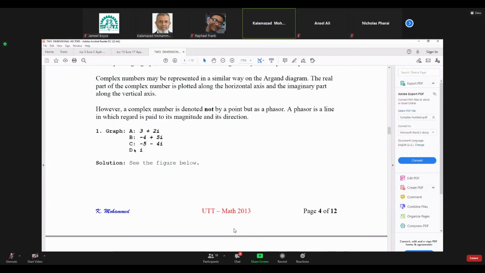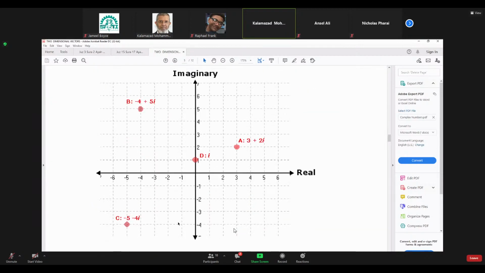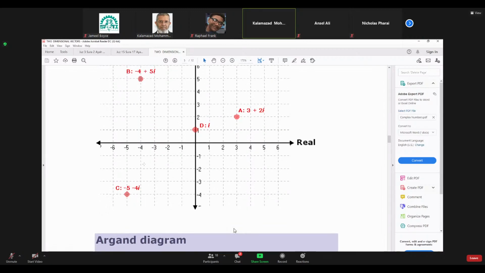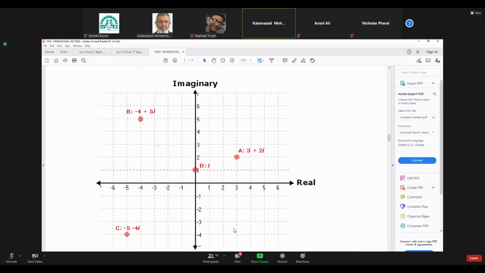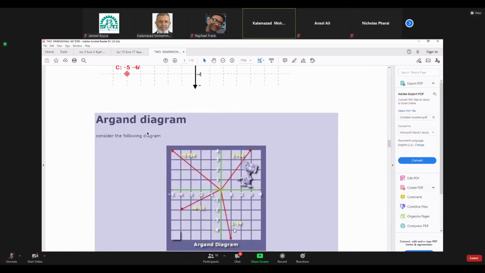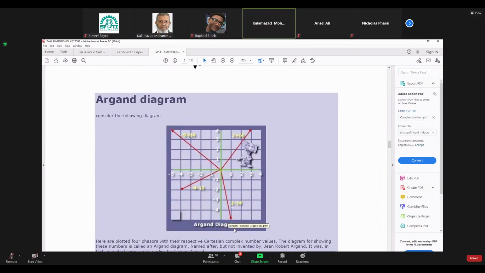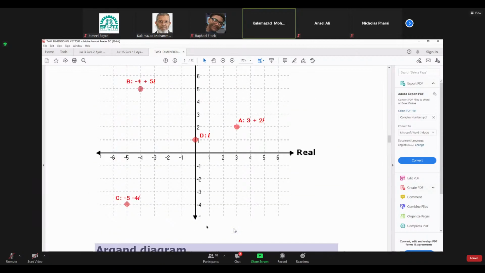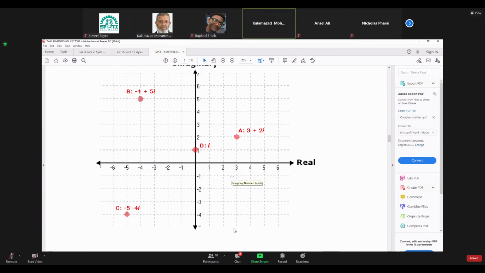So for these 4 values here, these are the points. You have A, 3 plus 2i, B, minus 4 plus 5i, so you can represent it on the Cartesian plane. So these are just points here. However, an Argand diagram means that those points must be connected to the origin O and an arrow is placed on it. If you just put these points here, this is not an Argand diagram.